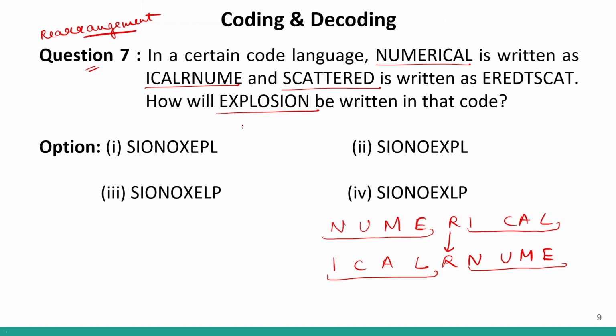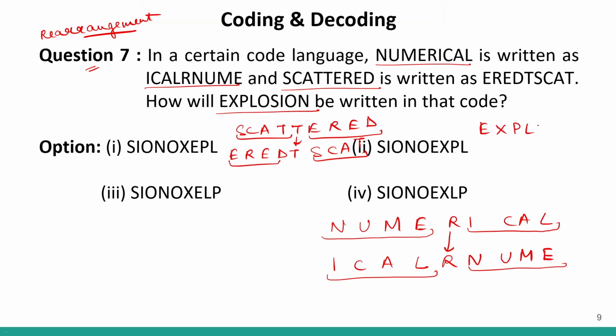So we will check the same thing for scattered. Correct? For scattered, the code is EREDTSCAT. So these are the first 4 letters which are written in the last. These are the last 4 letters which are written first, and the position of T does not change. So we will use the same concept for explosion as well. Correct?